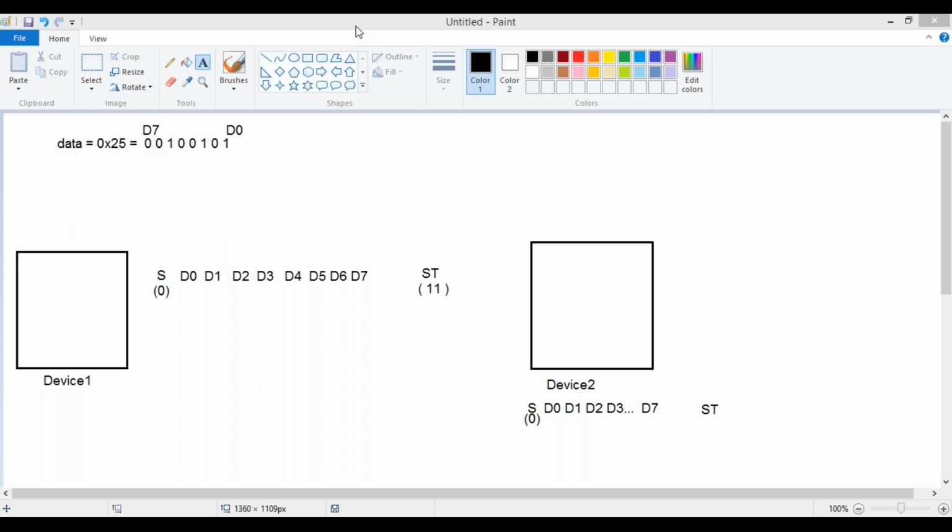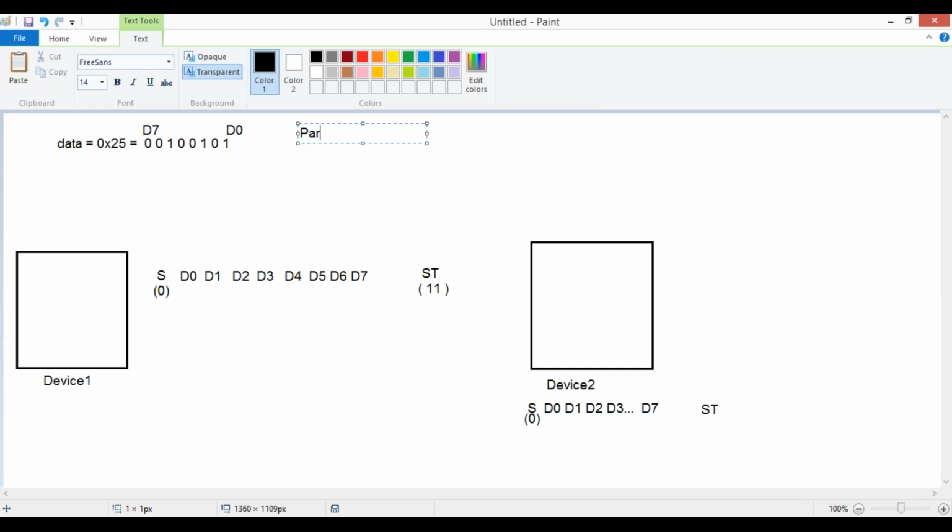Okay, now this device 2 is receiving the data. But what about data integrity? How is device 2 going to conclude whether the data I received is correct or not? For that, in the frame, one more bit is there for data integrity, and that bit is called the parity bit.